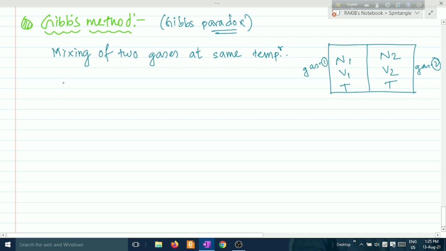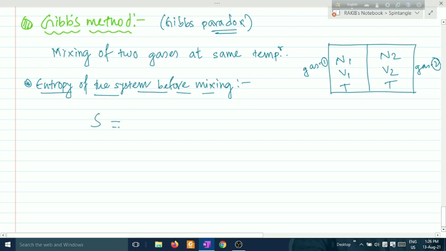Therefore the entropy of the system before mixing, what is the entropy? I will be removing this partition and the gases will be mixed. Okay, and before removing the partition, what is the entropy?